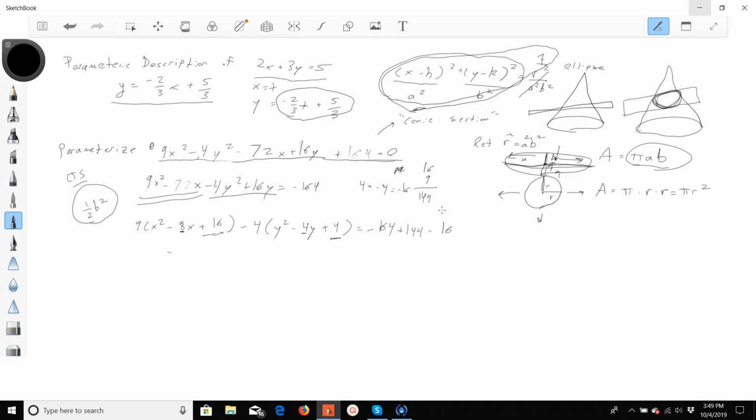Now I'm going to get 9 times x minus 4 squared, right? I take the square root of this, and I take the square root of this. Minus 4 times y minus 2 squared is equal to, well, this is minus 20. Minus 16 is minus 36.